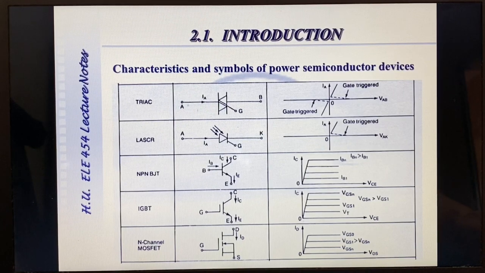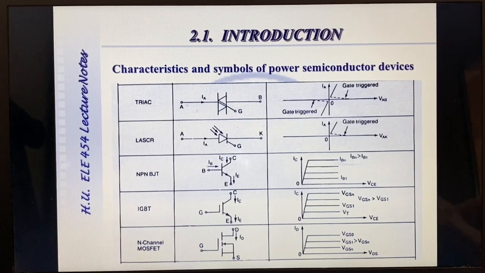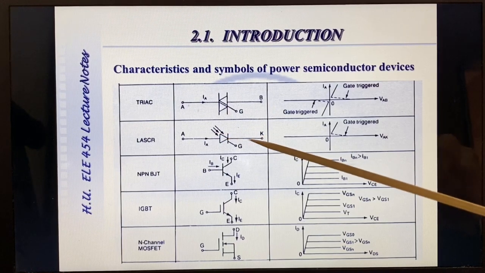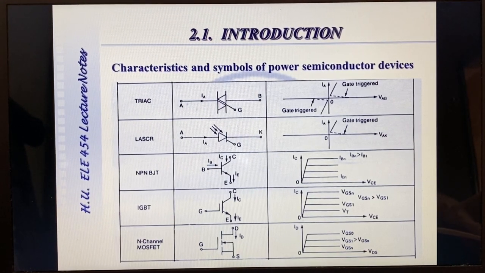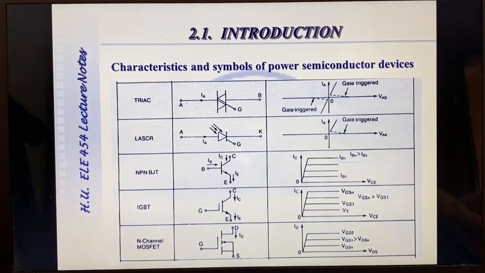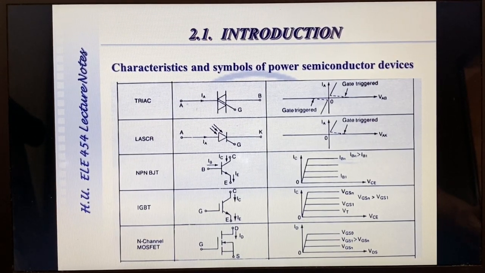Light activated SCR is another type of silicon controlled rectifier, which can be triggered into conduction by illuminating the gate region. So this kind of power semiconductors are for very high power applications in the order of several megawatts range. Now the BJT, NPN or PNP BJT, can also be configured to operate in power converters.